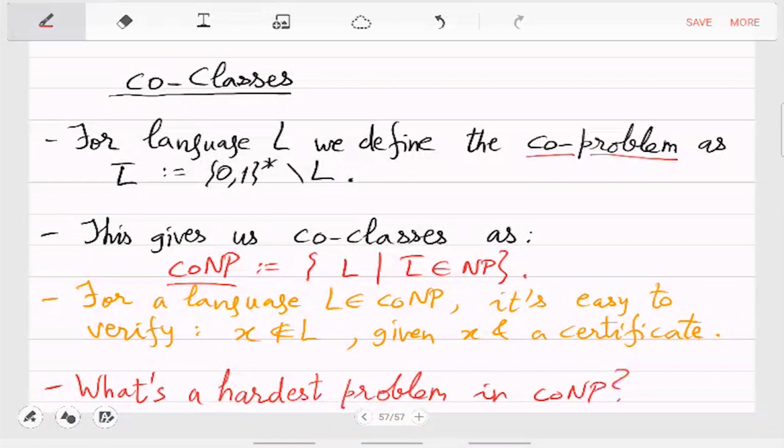Like SAT, 3SAT was the hardest problem in NP. So 3SAT complement is automatically the hardest problem in co-NP.